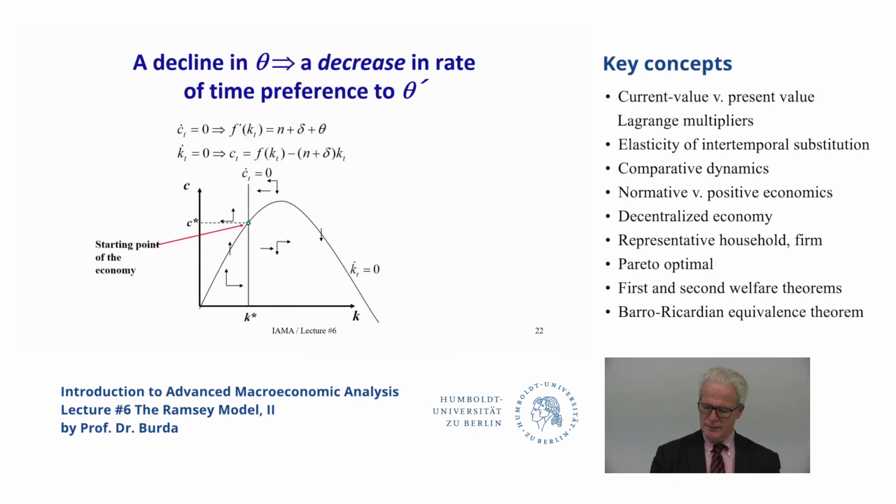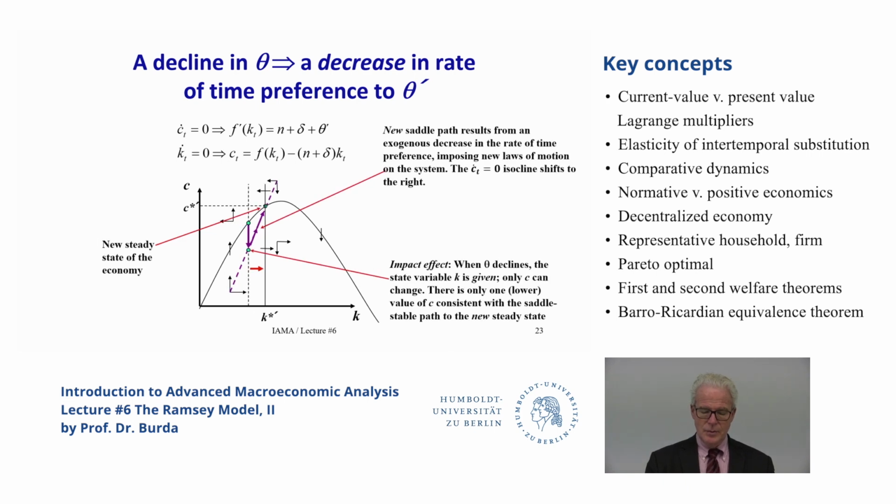So here's a first comparative dynamics experiment we could do, which is just a decrease in the rate of time preference, or an increase in patience, for Ramsey, the central planner. So the central planner starts in this steady state, and suddenly the central planner becomes more patient.